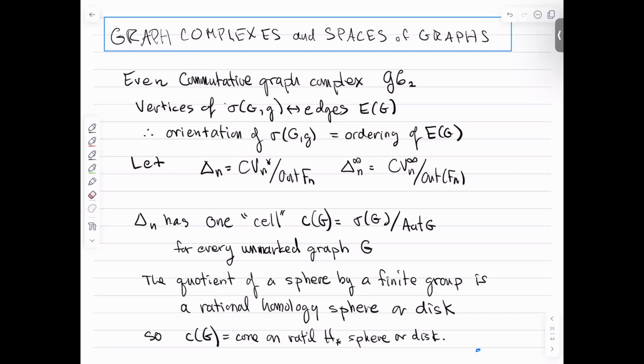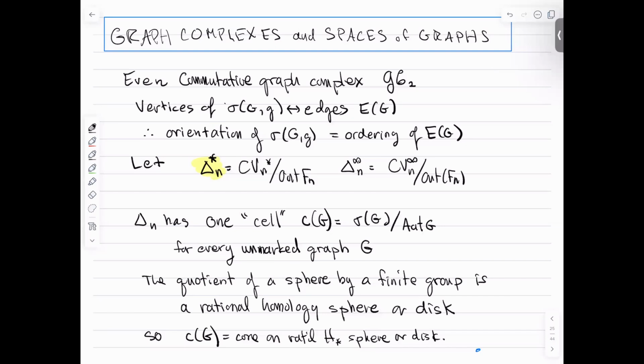So now let's look at the quotient space, the simplicial closure, modulo out by Fn. I'm calling that delta n star. And delta n infinity is supposed to be the quotient of the part at infinity modulo Fn.